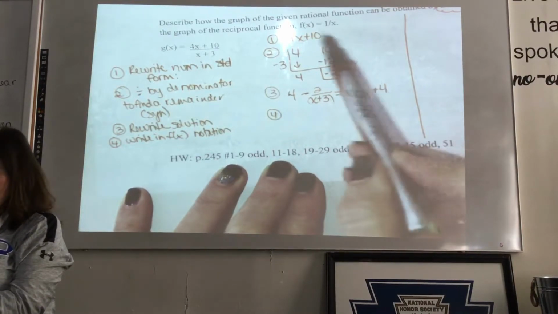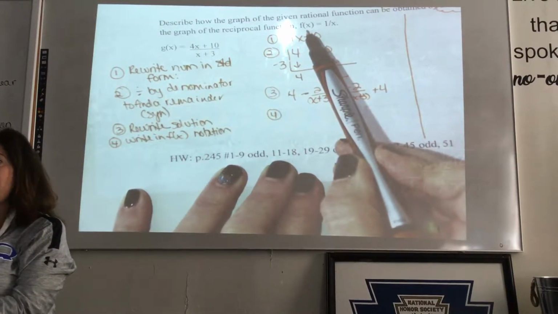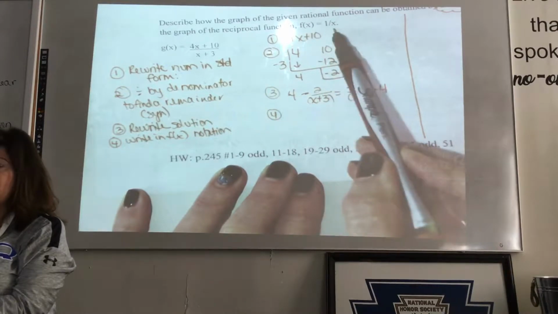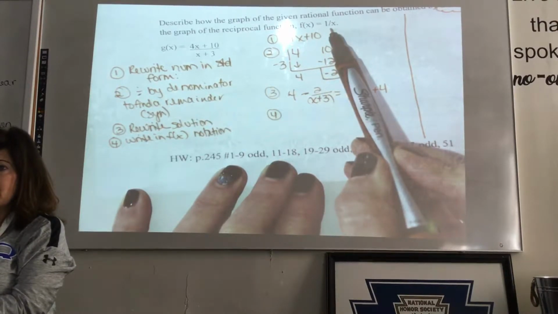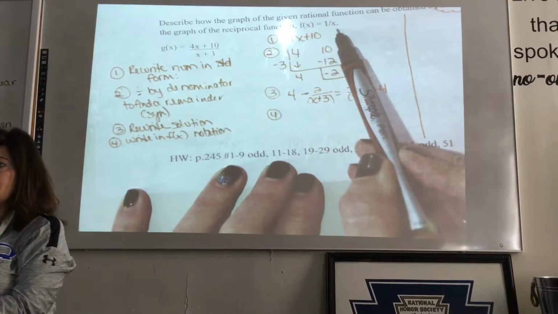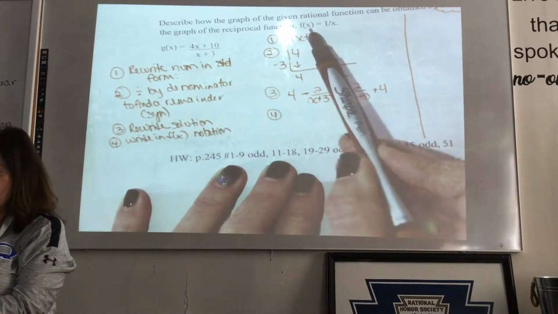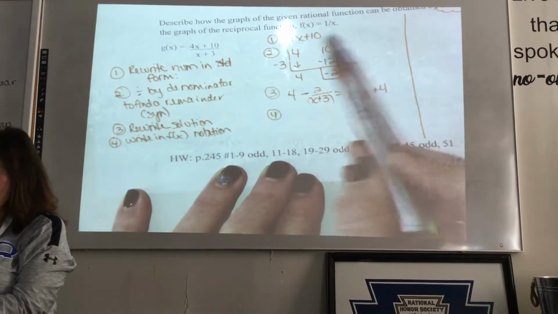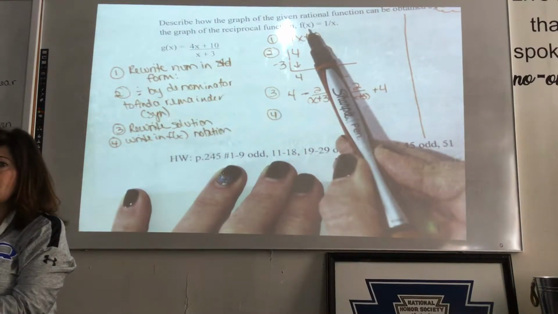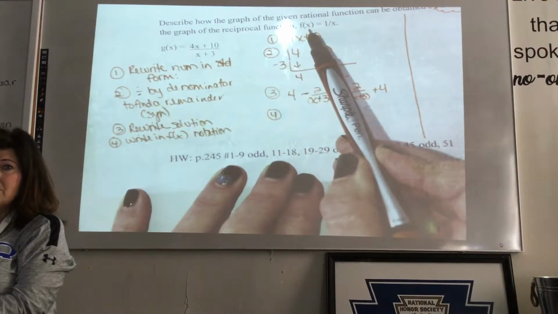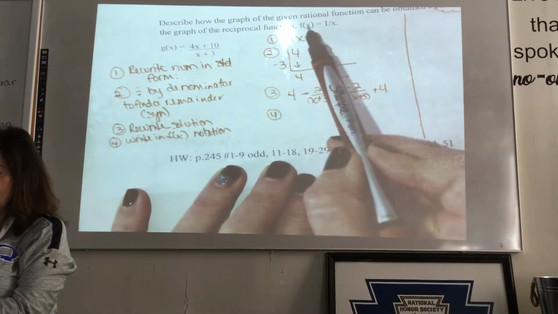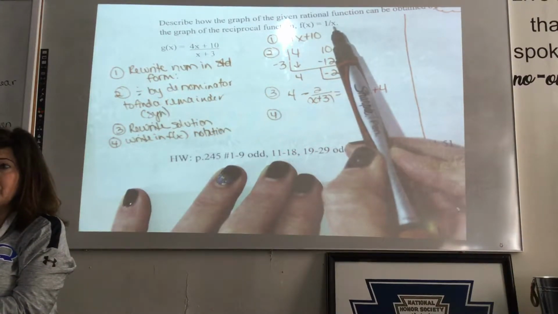The reason why it's 1 over x is because f of x means that x is being plugged in right down in the denominator. Wherever x is, I'm putting in an x. So f of x is the same thing as 1 over x. So if I change my input, my x value, then whatever I put inside these parentheses will go in that denominator. Everybody with me?